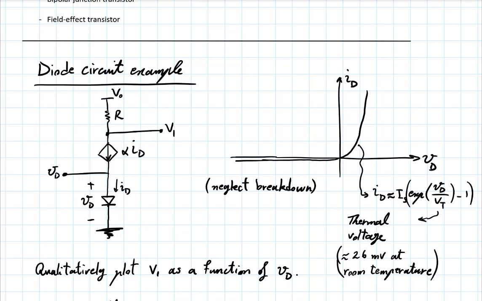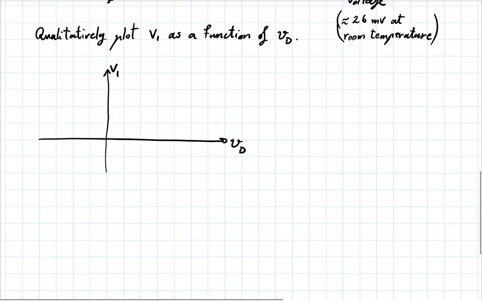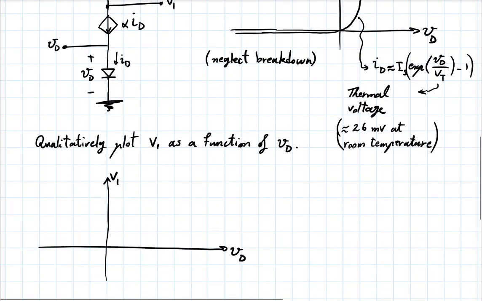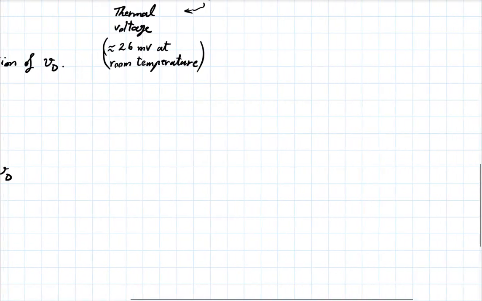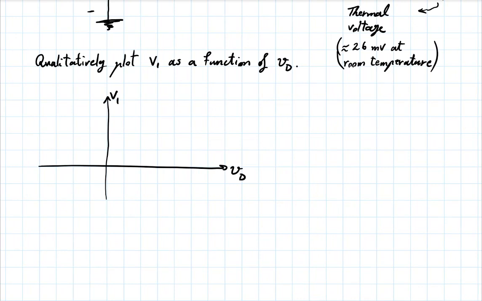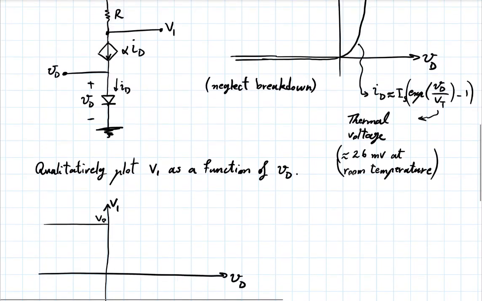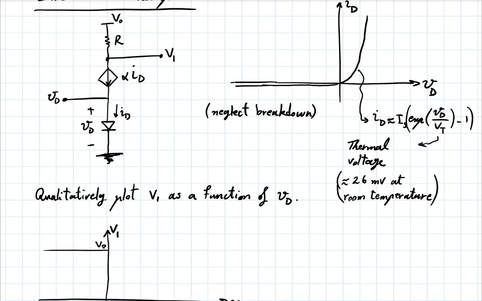And again, we have neglected breakdown. Okay, so if VD is negative, V1 is almost V0. Let's call this V0. Because there is no current going through that resistor, there is no voltage drop.